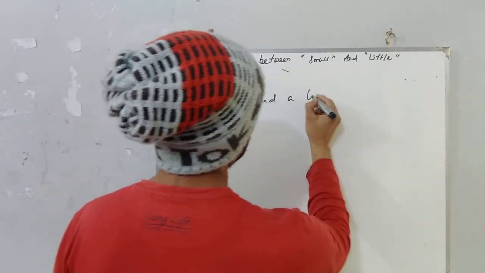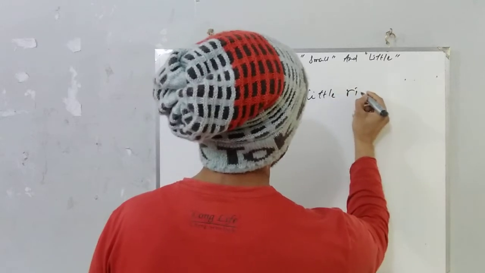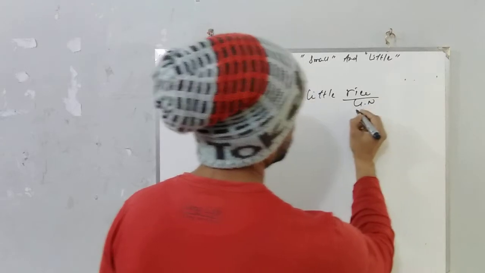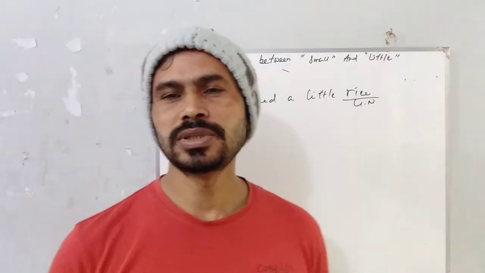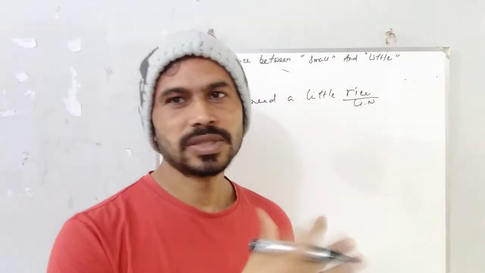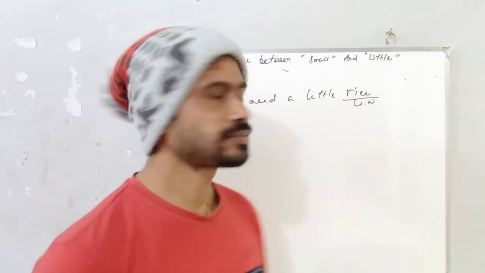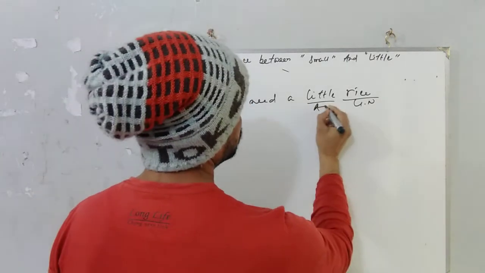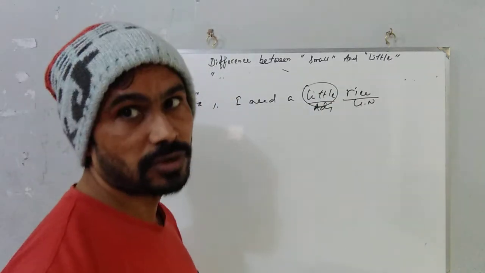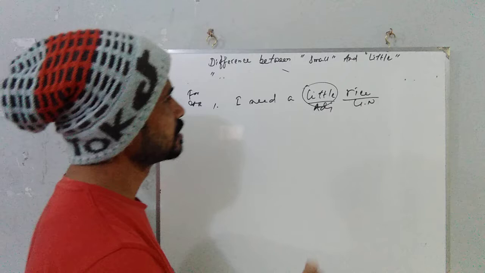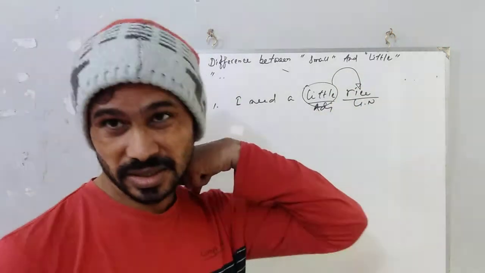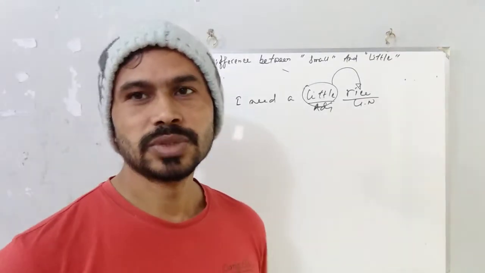Rice is an uncountable noun. Uncountable noun means you cannot count. The rice you cannot count, it's impossible to count it one by one. So little here is an adjective, the positive form. So little rice. I think my friends you could understand properly.